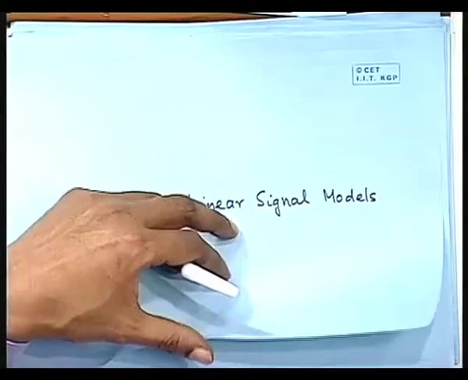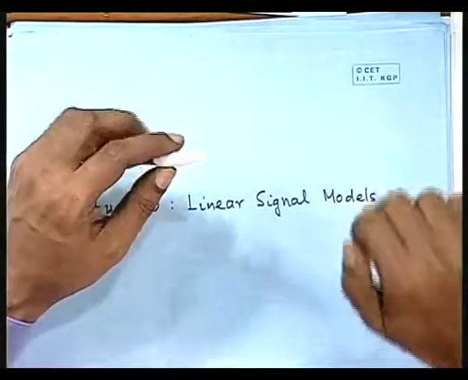In lecture 10, we again looked at some further linear signal models, especially because we found that if you want to characterize output properties with input properties through linear signal models, then there are certain kinds of linear signal models which can very conveniently model a very wide class of input output behavior. So, we looked at the all zero, all pole and pole zero models.